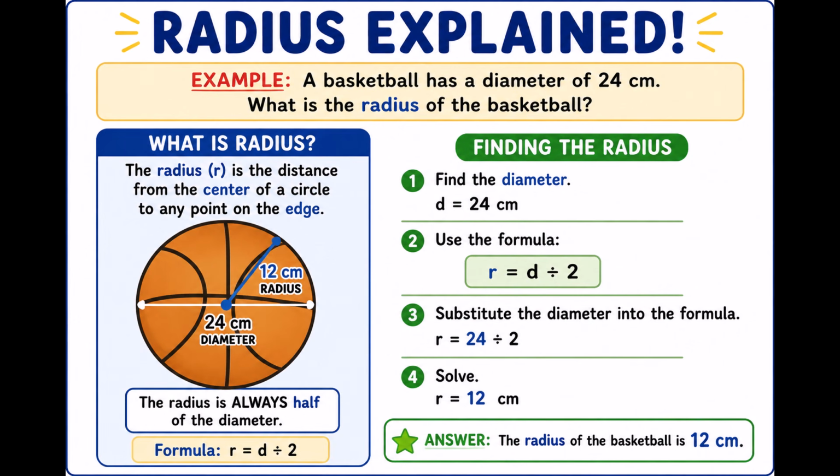Radius equals 24, because 24 is the diameter, divided by 2, which is half of the diameter, which gives us 12 centimeters. So the radius of this basketball is 12 centimeters.